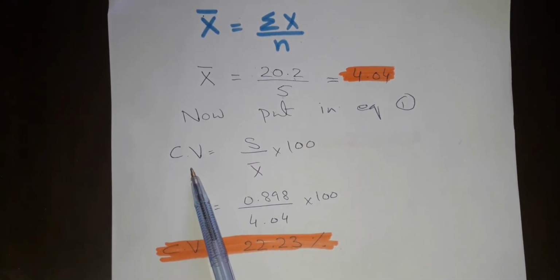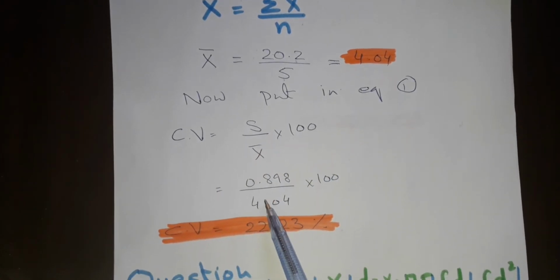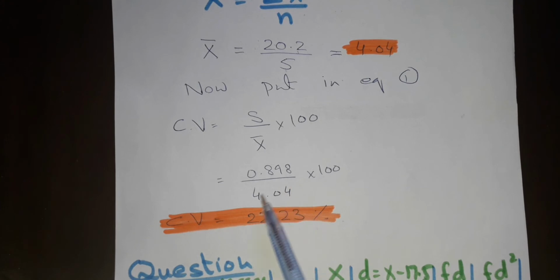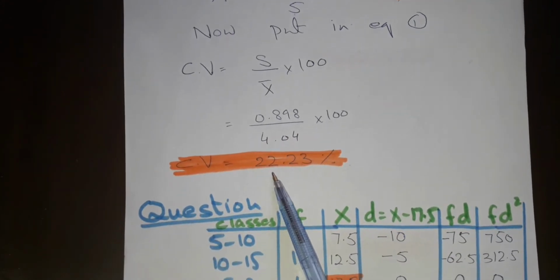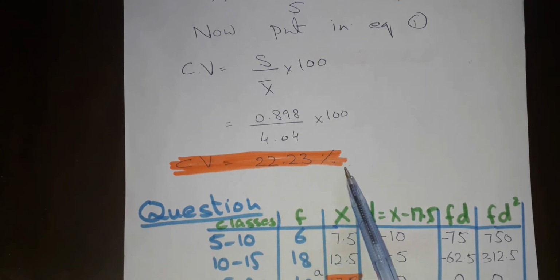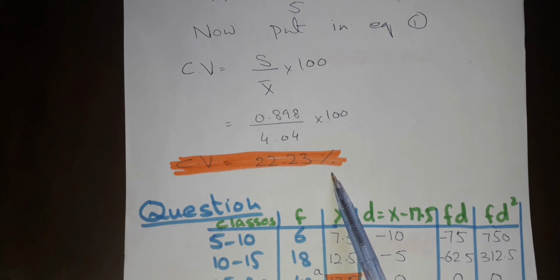That is the equation of CV, coefficient of variation: S over X bar multiplied by 100. This is 0.898 divided by 4.04 multiplied by 100, and we get the result 22.23%. You should apply the percentage sign, because CV is always in the form of percentage.